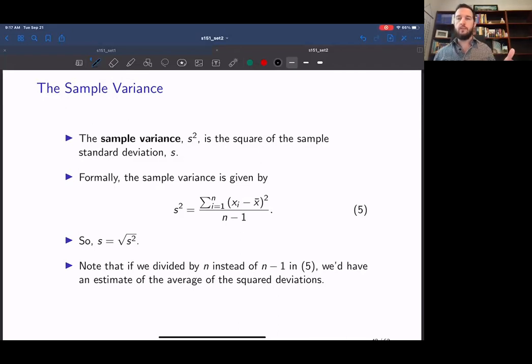So the standard deviation is the square root of the variance, and the variance is the square of the standard deviation. In general, they give us the same idea, but the standard deviation is a preferred measure because it is on the same scale as the variable, whereas the variance would be on the squared scale, so it's a bit more difficult to interpret.